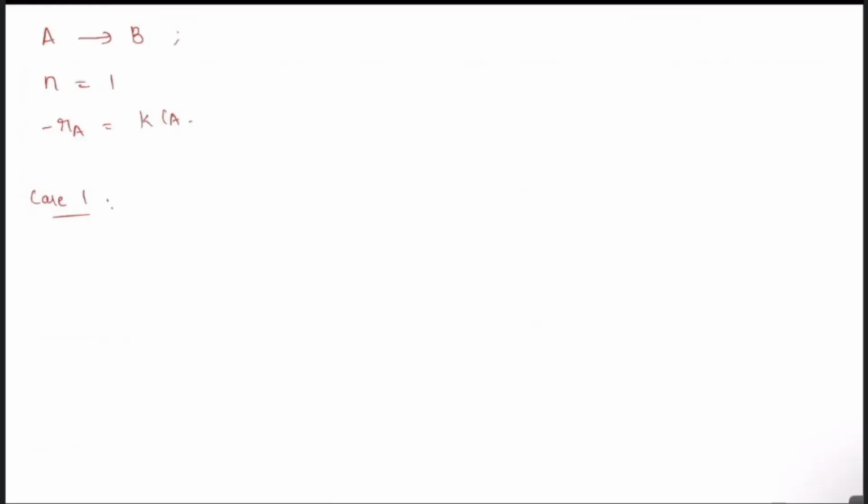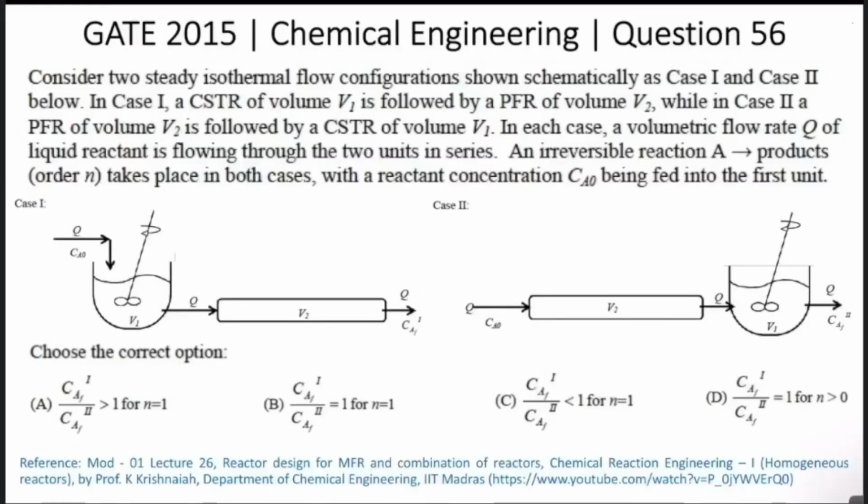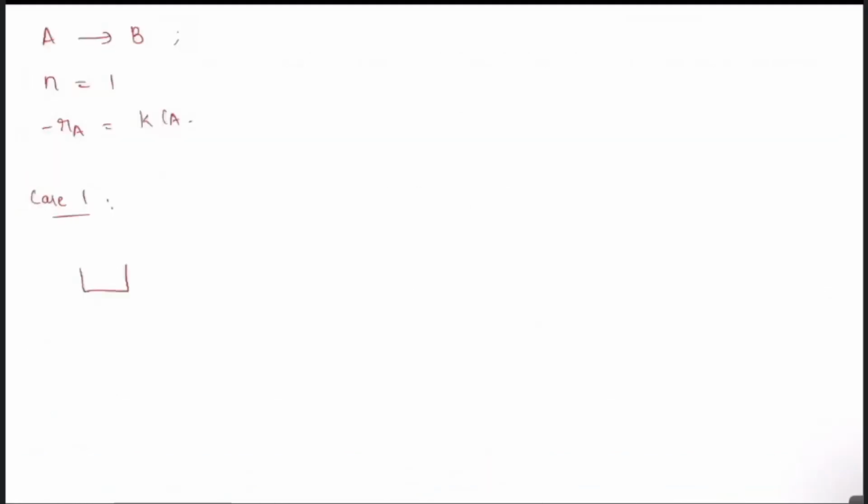So in case 1, it is CSTR followed by PFR. So let us take a CSTR, and this is followed by PFR. Let us take the entry point as CA0 and Q0, or Q, whatever.